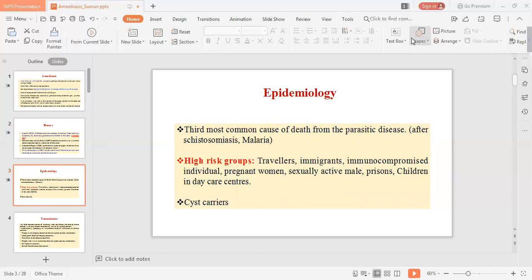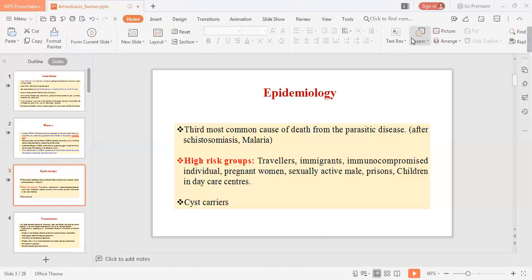So schistosomiasis and malaria are the two predominant diseases. After that, the parasitic disease causing death in most people is amoebiasis.